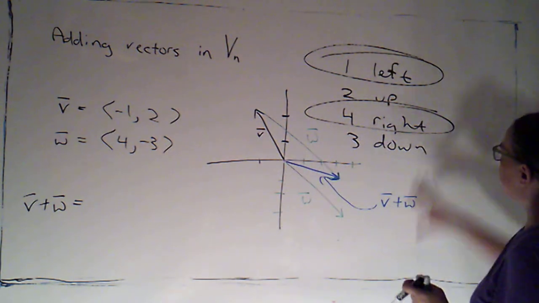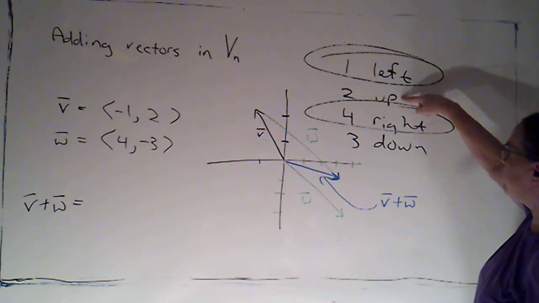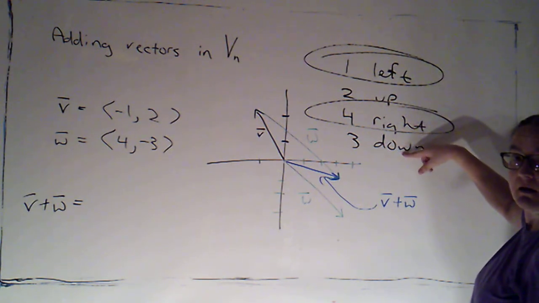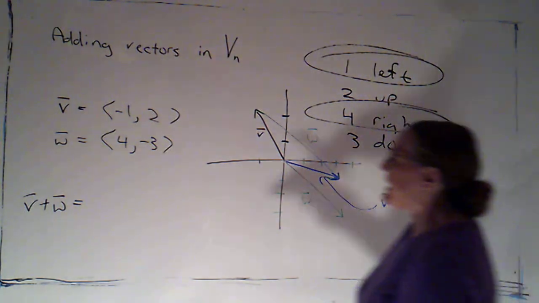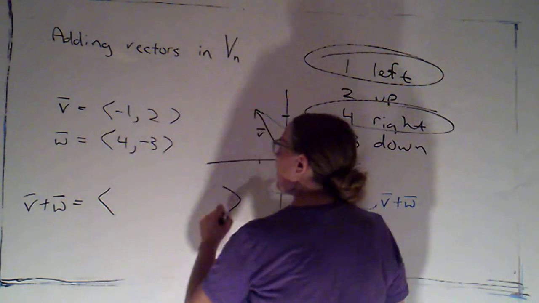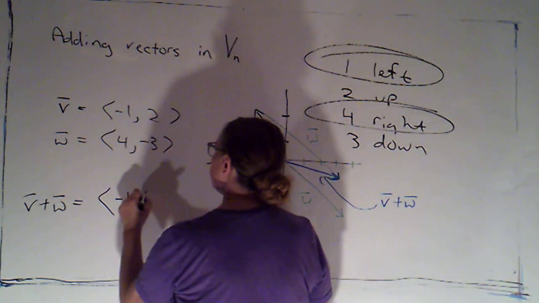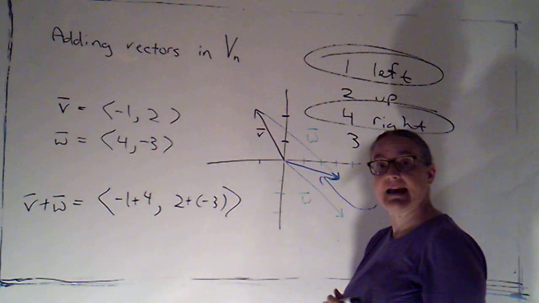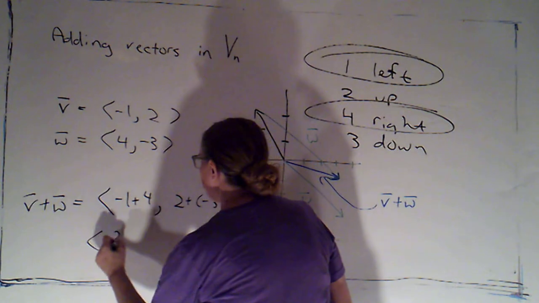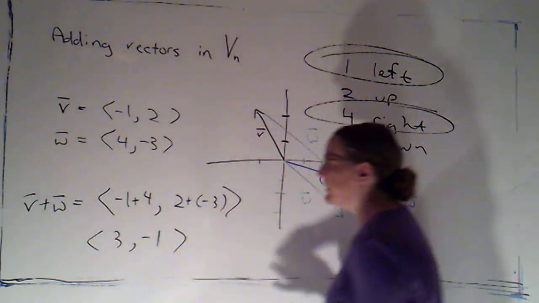If I look at what I did vertically, I went up 2 and then down 3. Well, that's a net change of going down 1. If I simply add the components, -1 plus 4, 2 plus a -3, I'm going to get 3, -1.